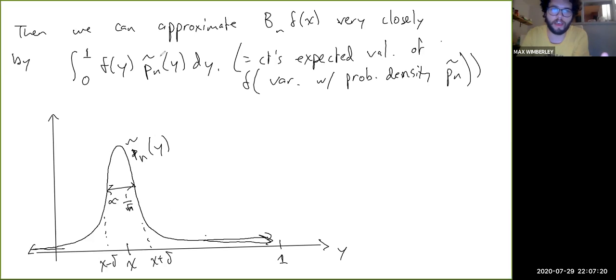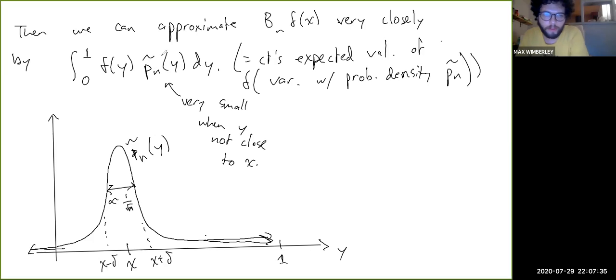And since Pn tilde is super small when you get far away from x, so this is very small when y is not close to x, it doesn't really matter what f is doing outside of this tiny interval right around x, because Pn tilde gets extremely small out there.